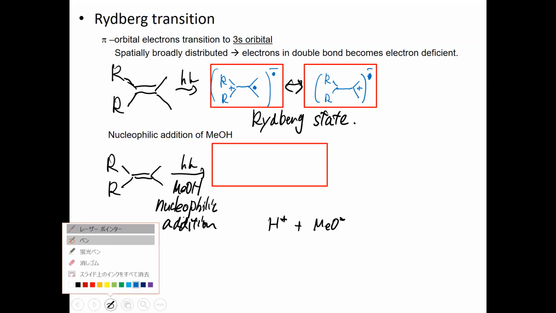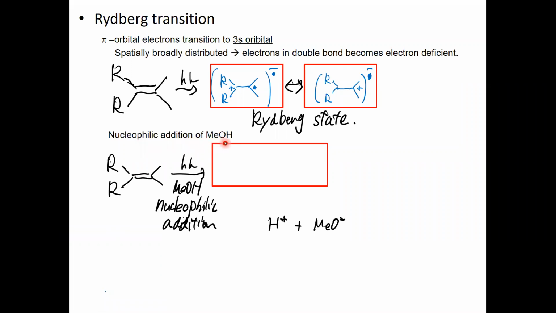Here is one example of the nucleophilic addition of methanol to this alkene, and the methanol addition could induce two types of species, like in this case, and then this, or, and since methanol gives hydrogens, these hydrogens cover up this to make the product species.